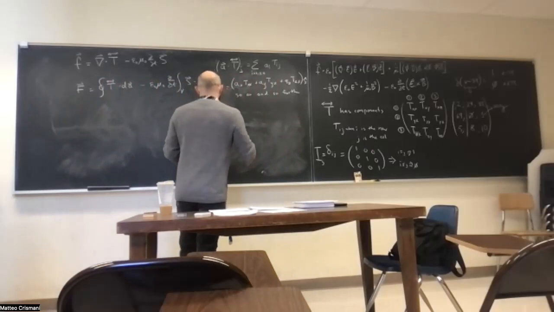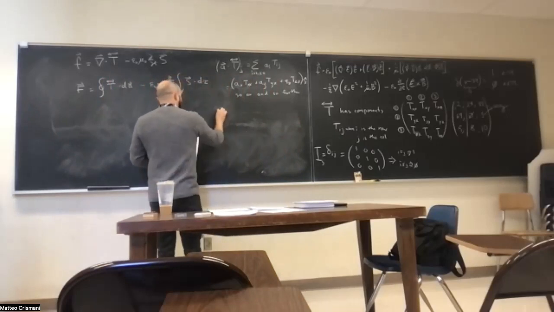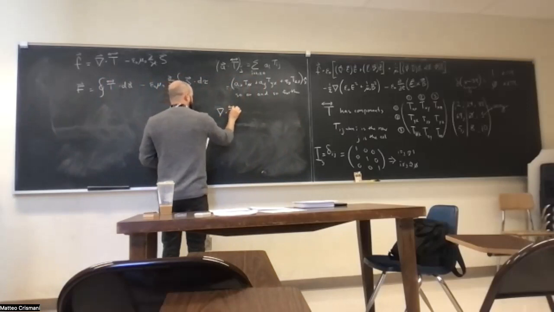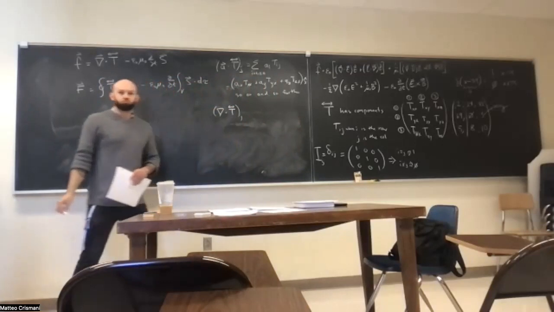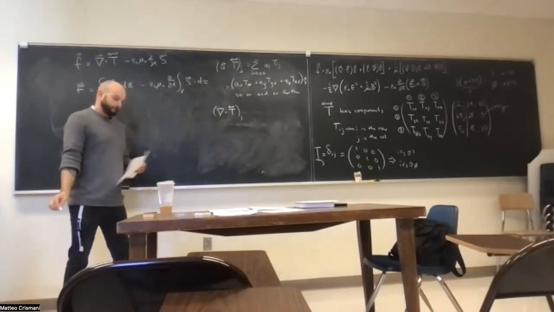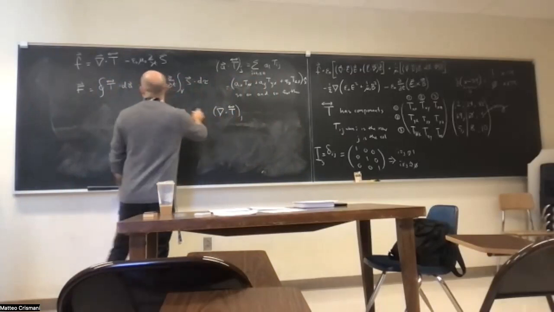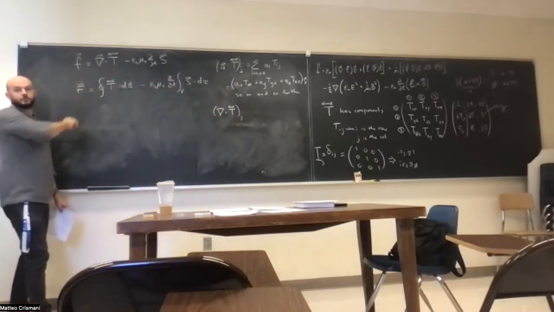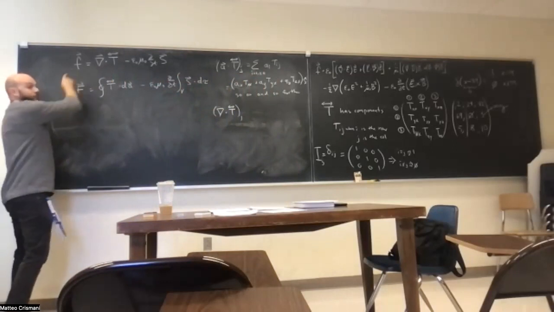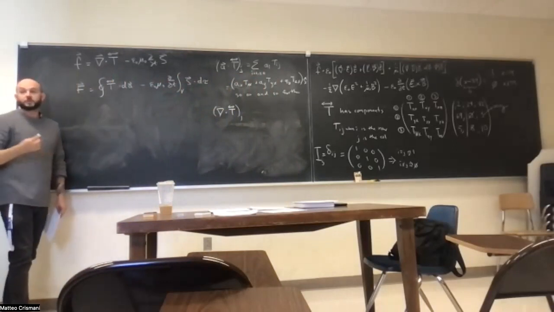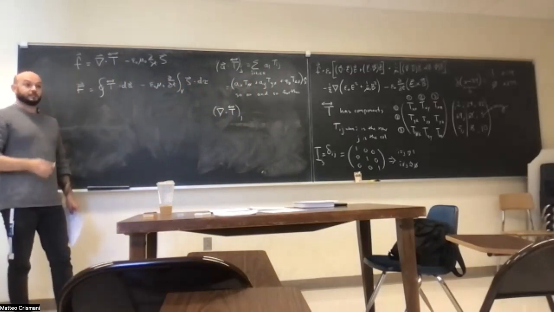Okay. Another way to write this, let's say we want to write this one here. Uh-oh, this one is scary, right? The divergence of the tensor, right? So let's say you wanted to find f_x, like the force per unit volume in the direction x.